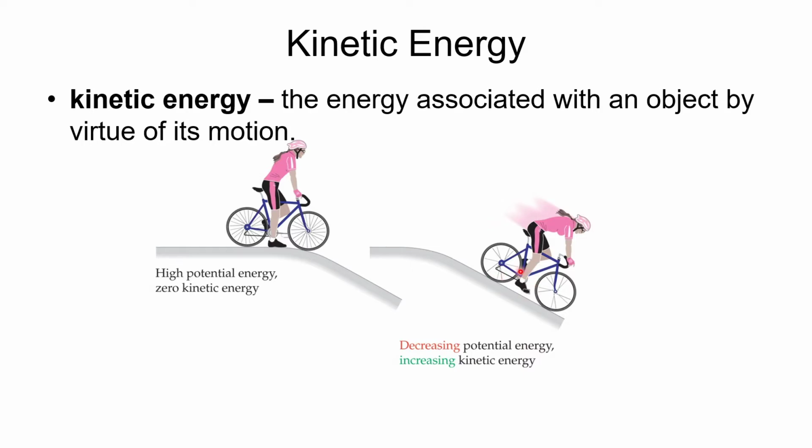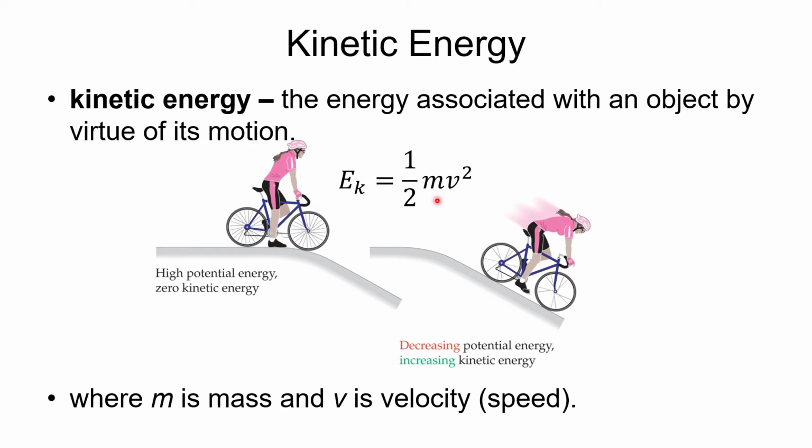Well, we can calculate exactly how much kinetic energy an object has, or in this case, a bicyclist, because of motion. And that energy comes out to, the kinetic energy is 1/2 the mass times the velocity squared. So m is the mass and v is the velocity of the object. And we have to not forget to square it.